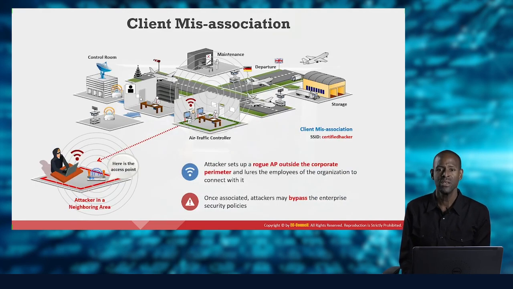So one of the things that an attacker will try to do is client misassociation. So you set up that rogue access point, XYZ Corp Visitor Wi-Fi or XYZ Corp Corporate Wi-Fi. Try to get some of those employees to connect to it, watch what they're doing, try to bypass the security policies of the organization.